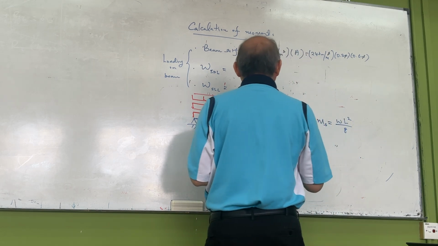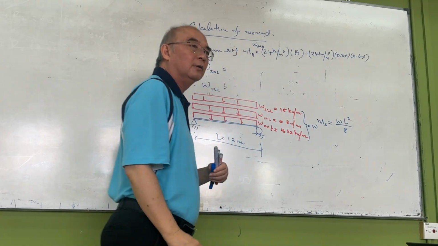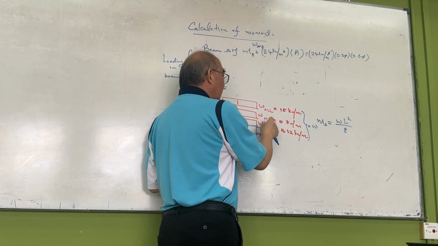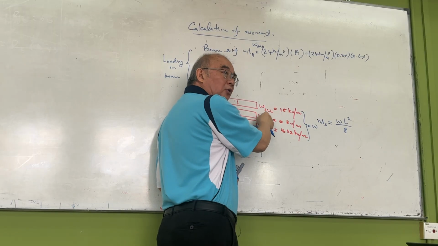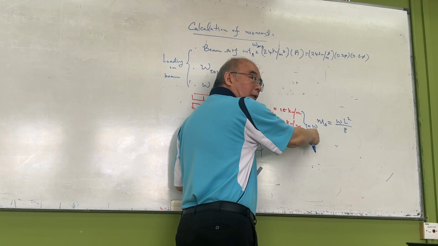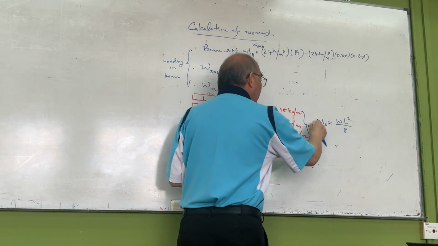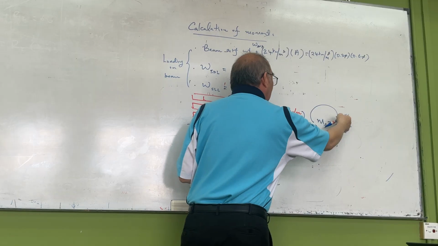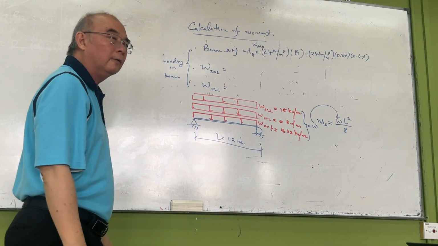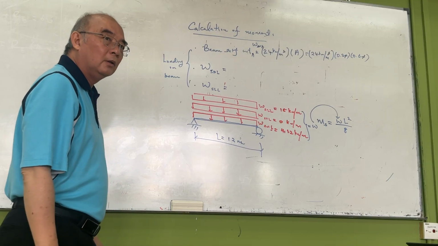And W is the total W. That means we have the W self weight, W superimposed dead load, and W superimposed live load. You add all these three together, it gives you the total W. Understand? Then you put it into WL squared over 8. L is this one. Okay, understand?